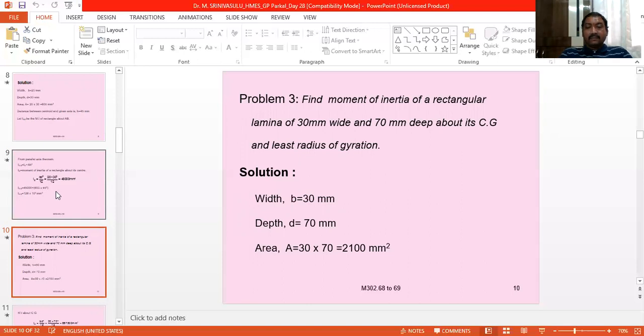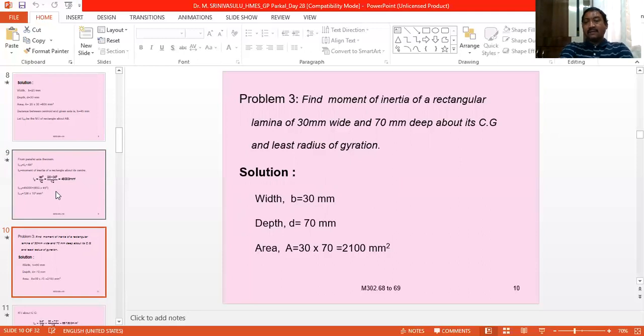Find the moment of inertia of a rectangular lamina of 30 mm wide and 70 mm deep about its CG and the least radius of gyration.